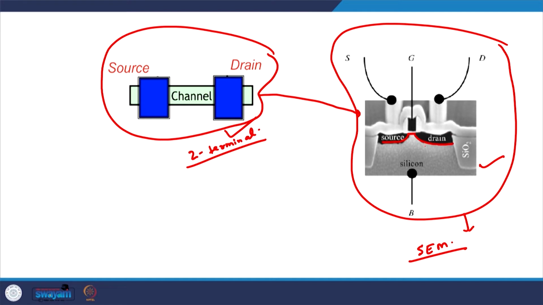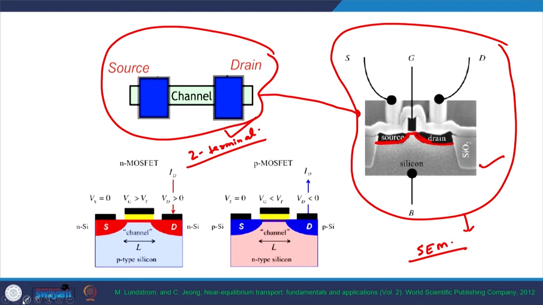So that is why this needs to be kept in mind. That is why the source and drain contacts are dealt with as bulk materials, and the channel is taken to be a small microscopic, or even in modern devices a nanoscopic system.